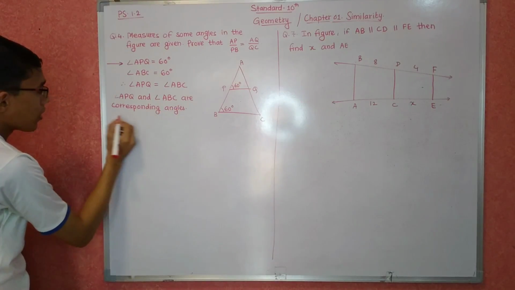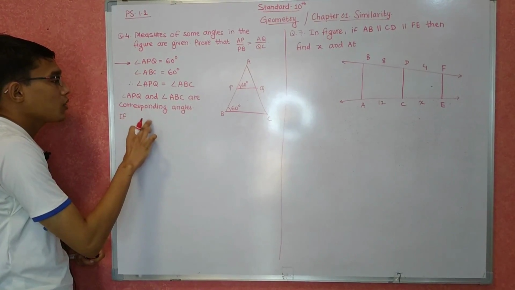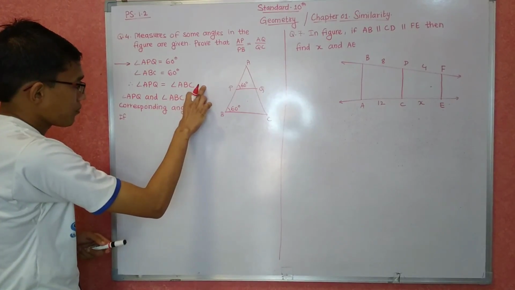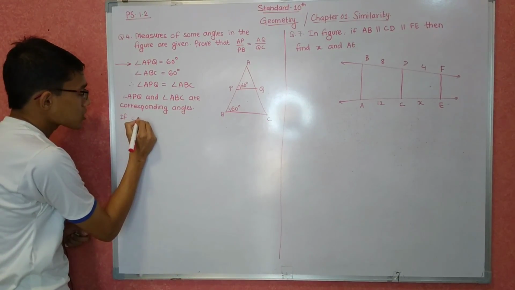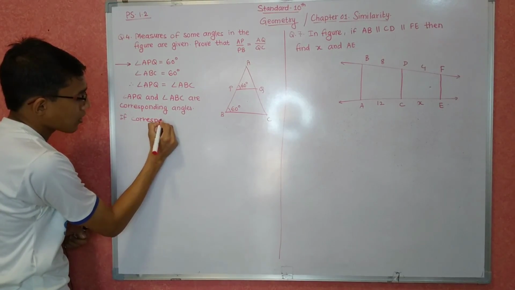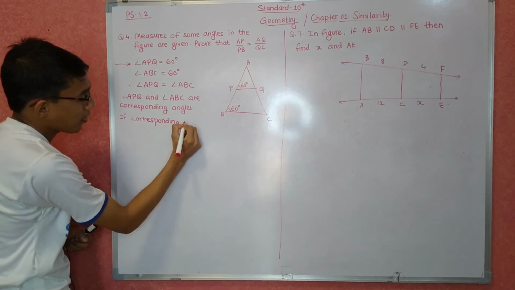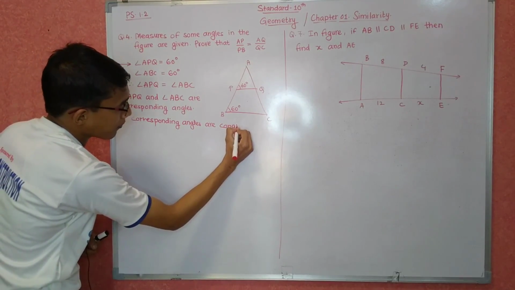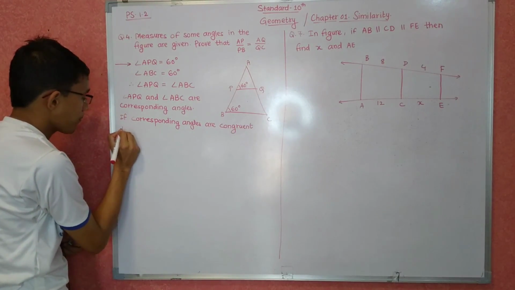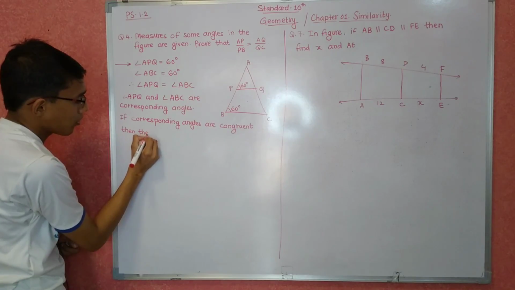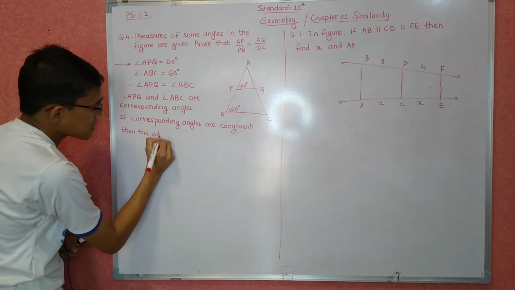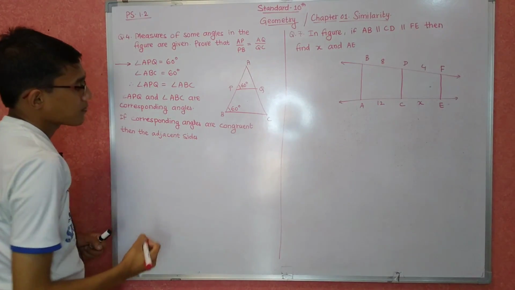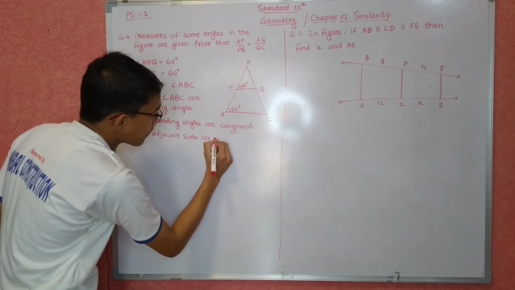Okay, now these two angles, angle APQ and angle ABC, are corresponding angles and both the corresponding angles are equal. So we know that if corresponding angles are congruent, that is equal, then the adjacent sides are parallel to each other.